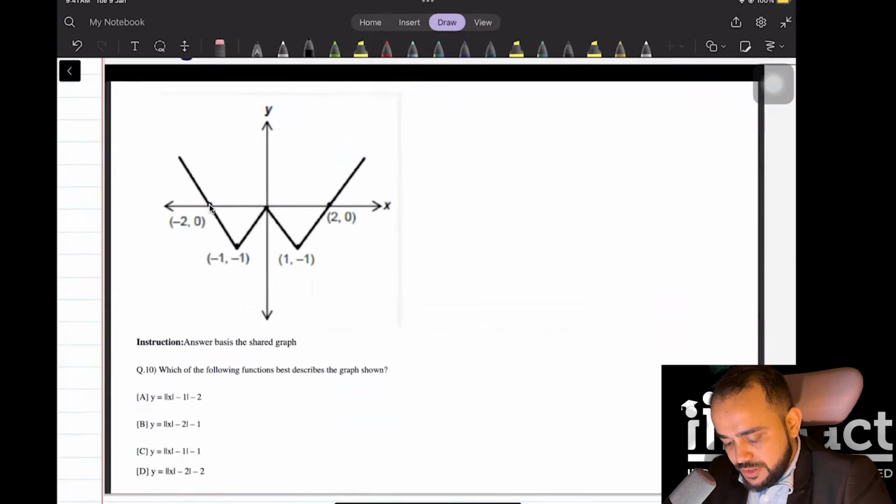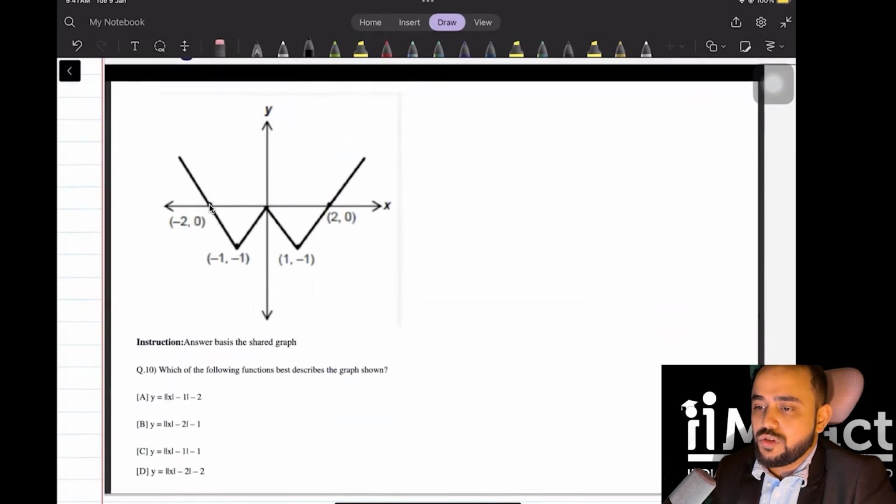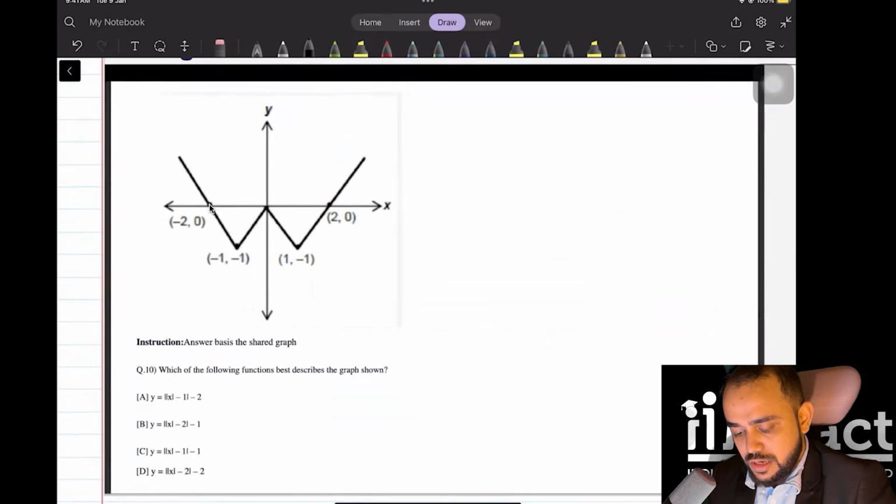Which of the following functions best describes the graph shown? Honestly speaking, the best way to do this question is to just put values in the options. You can solve this, and I will show you the method, but maybe the best way is to start putting values. Maybe you put (-2, 0), (1, -1), (-1, -1), (0, 0), (2, 0).